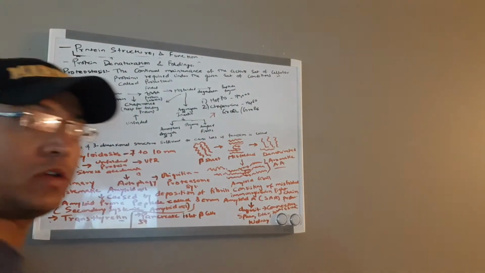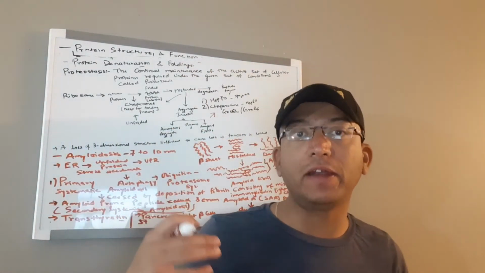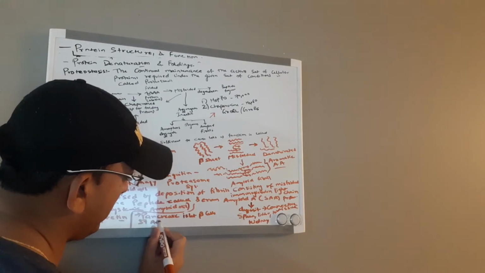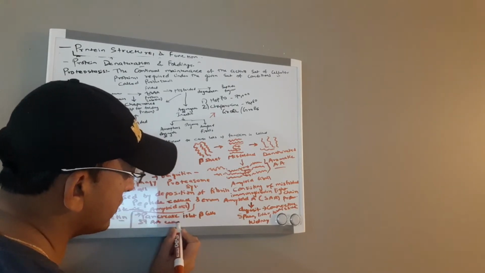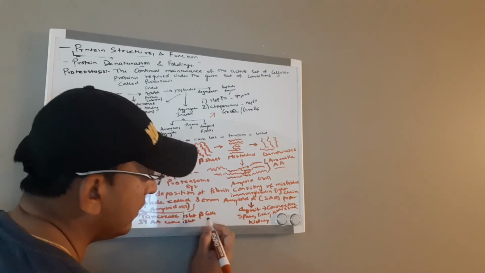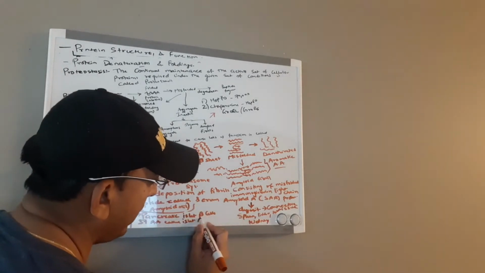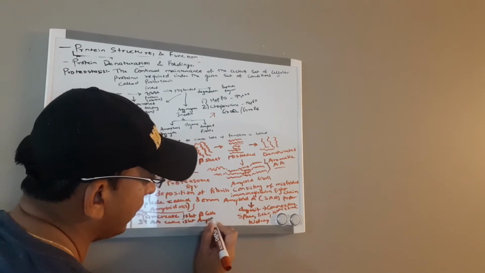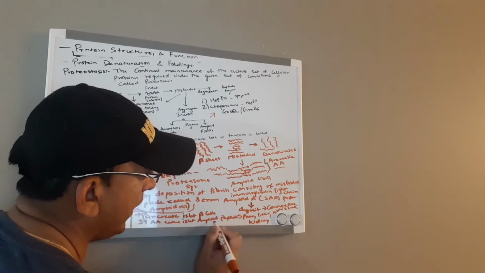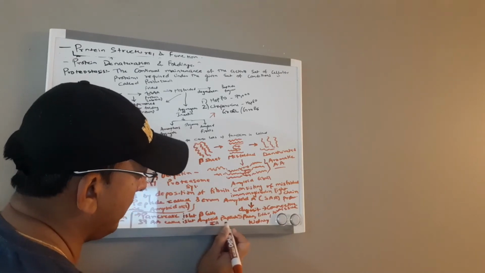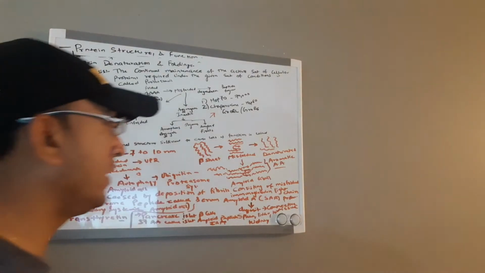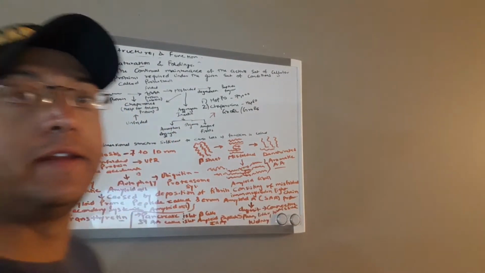A 37 amino acid peptide that is called islet amyloid peptide, or IAPP, or it's also called amylin, right?